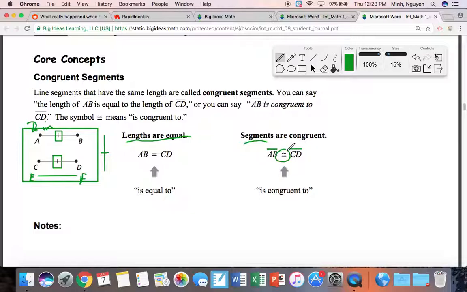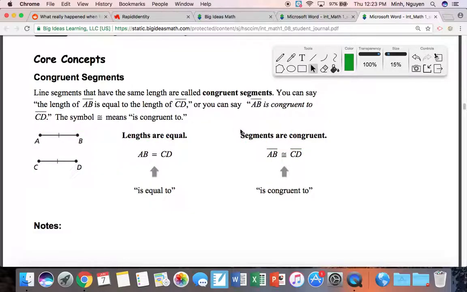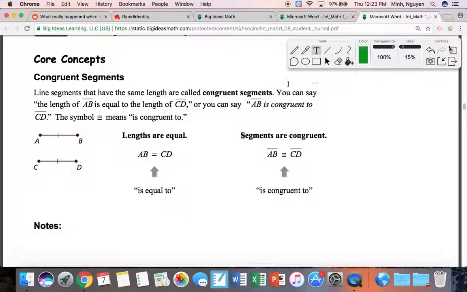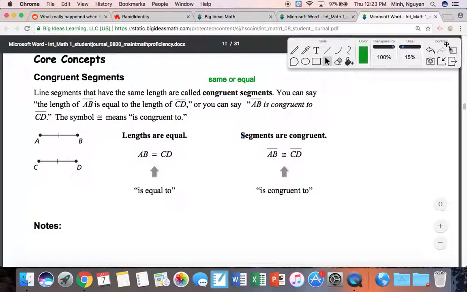The congruent symbol is an equal sign with a squiggly on top of it, and that means congruent. Congruent basically just means same or equal. At least that's the concept it conveys. It's basically the equal sign for geometry.